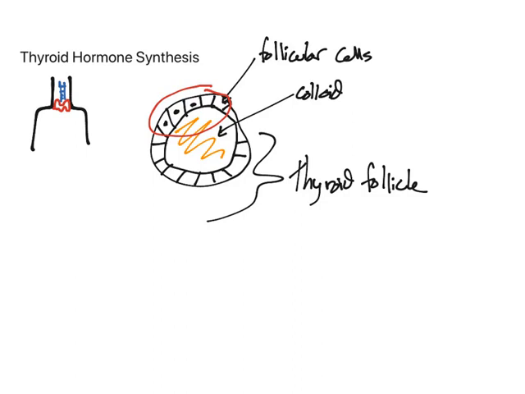And I'm going to draw that on a different screen for you. So we're going to have the cell wall here. This is the lumen where we have the jelly filling. These are the follicular cells.